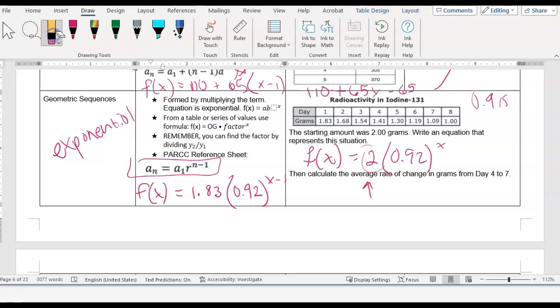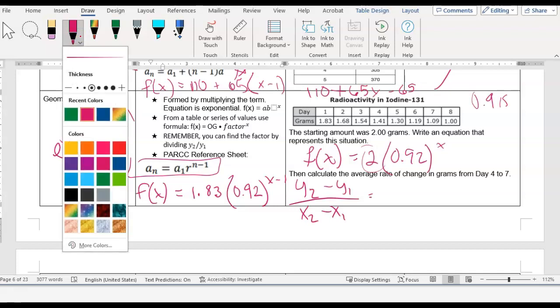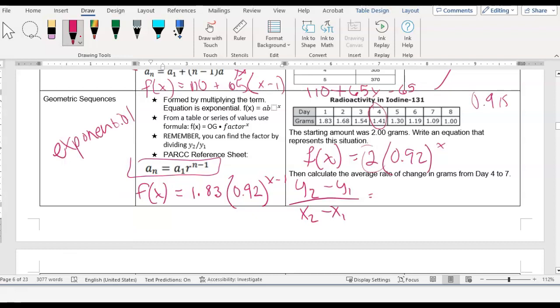All right, the second part asks calculate the average rate of change of grams from day 4 to 7. Remember, that's where we're doing y2 minus y1 over x sub 2 minus x sub 1. This is if we draw a line between those, what does the slope look like? So from day 4 to day 7, we have 1.09 minus 1.41 all over 7 minus 4, 3 days.